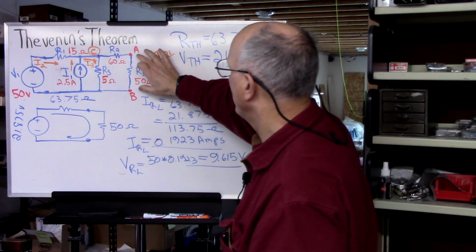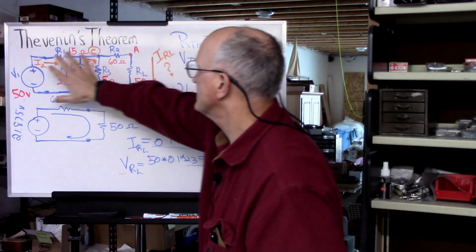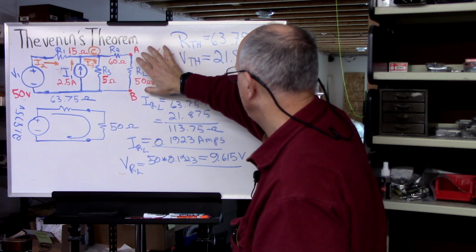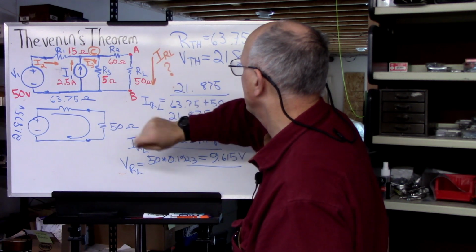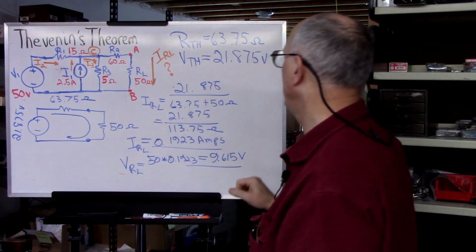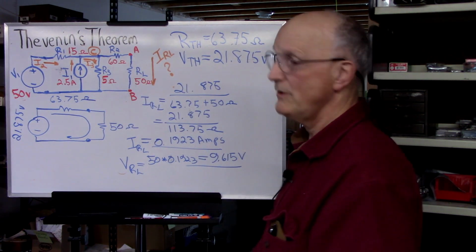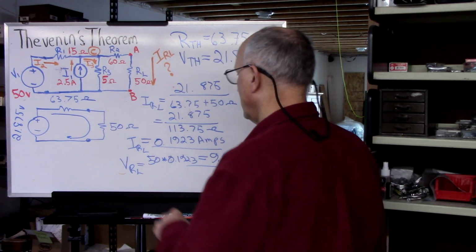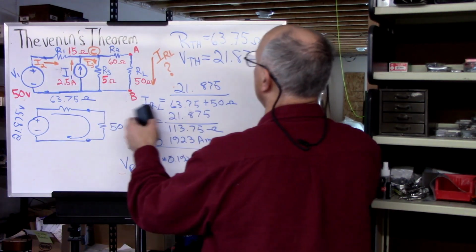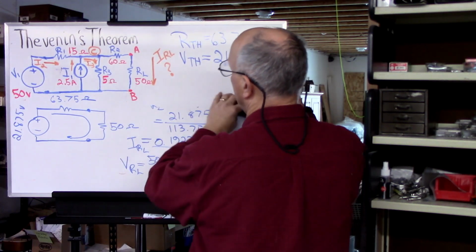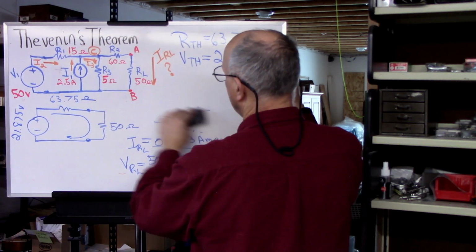So now we know the voltage that is here in this circuit is going to be 9.615 volts. We know the current going through that is 0.1923. So let's make a note of that up here, and we're going to go back and check our work.